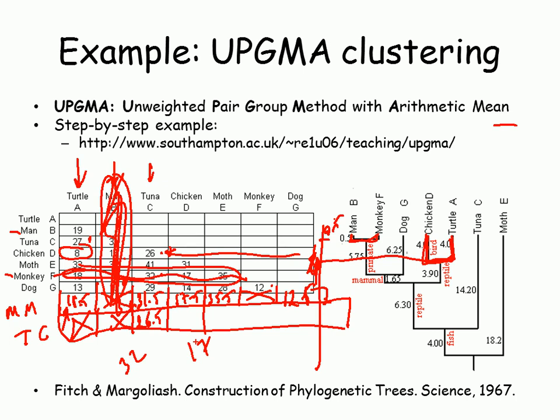I looked at man and turtle and monkey and turtle and took their average. Man and turtle is 19, monkey and turtle is 18. Their average gives me 18.5. Okay, so you don't care about the distance between the man and the monkey anymore? Yeah, so once you merge man and monkey at distance 1, you don't really care about that distance anymore. The new matrix will not really make use of that number 1. Okay.